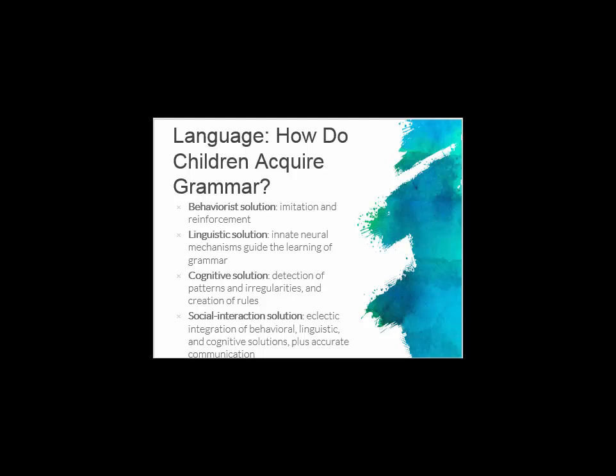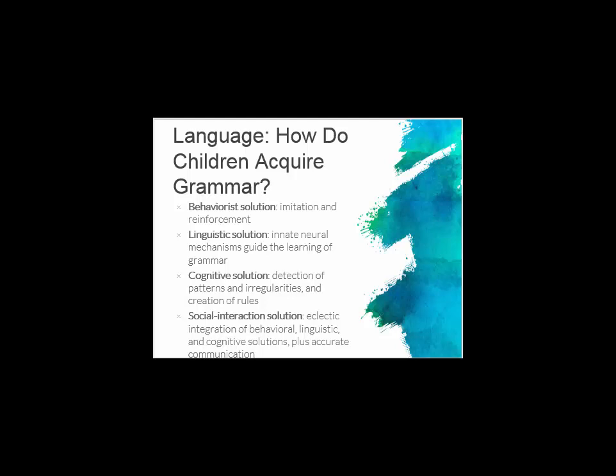A linguist would say that children are born with these neural circuits in the brain that allow them to infer the grammar of the language that they hear. So Noam Chomsky is a big language researcher, and he's associated with the linguist perspective, and I'll talk more about him in just a second.